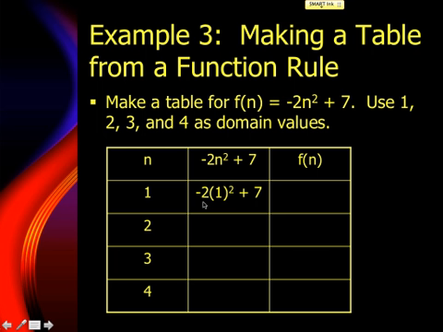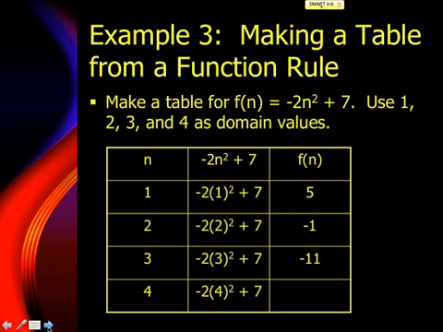So for instance, the first one, we put a 1 in for n. So we get -2 times 1 squared plus 7. If we simplify that, we get a 5. We're going to do that with 2. We get a -1. If we put 3 in, we get a -11. We put 4 in, we're going to get -25. So we're just plugging the numbers in, getting our input 1, 2, 3, 4. This right here is our domain.